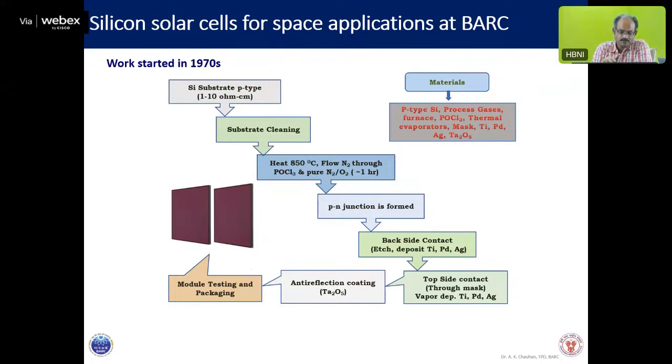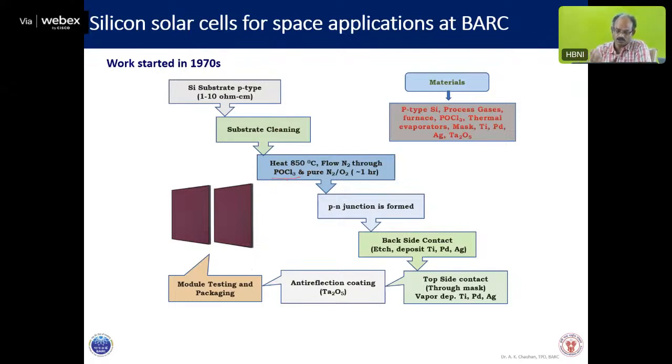So silicon substrate, which was p-type, and this was the resistivity 1 to 10 ohm centimeter. Then this substrate is cleaned using chemical processes. Then it was heated at 850 degrees centigrade. And then for phosphorus deposition, this process we did.